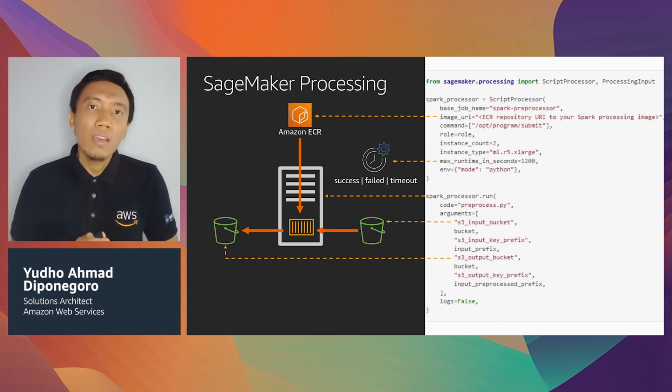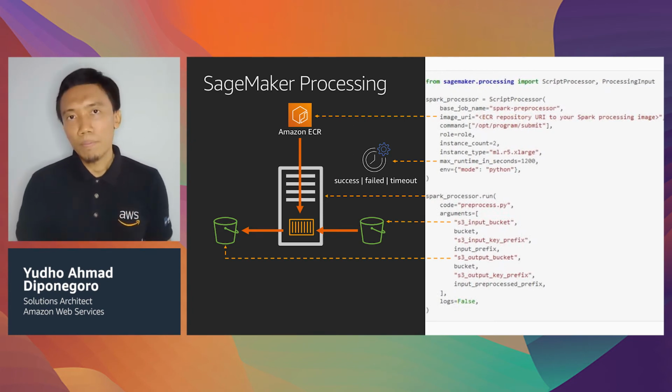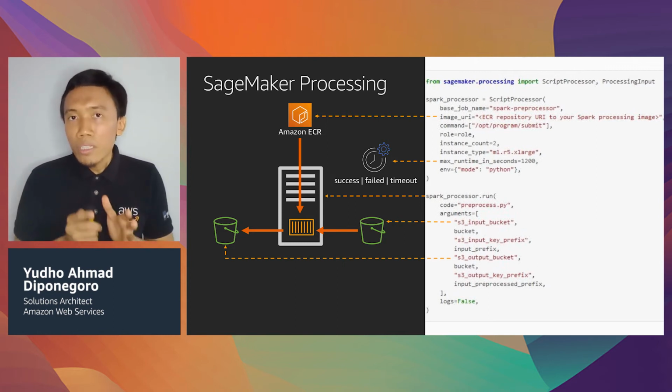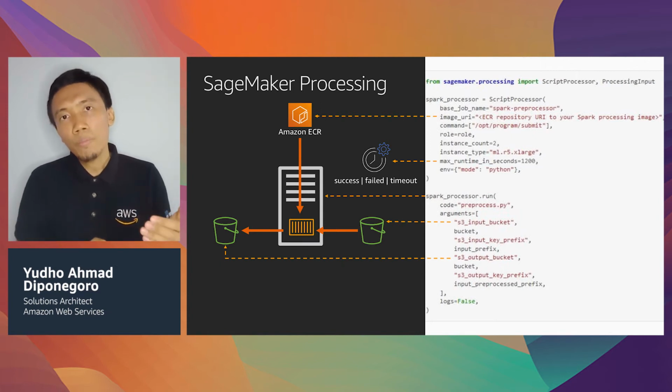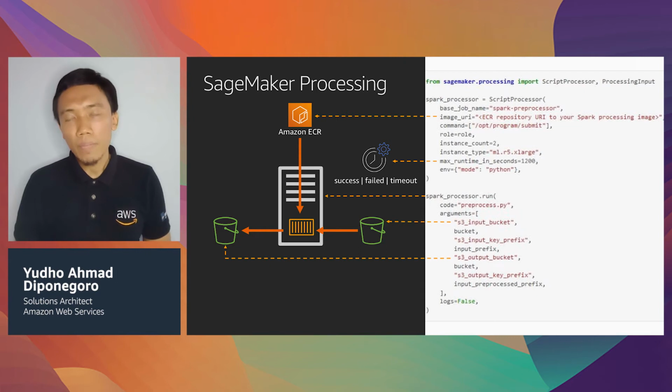Now, we probably need to run some data cleaning or data pre-processing. How can I do it on AWS? You can use SageMaker Processing to run data cleaning or data pre-processing as part of the machine learning pipeline or on demand.